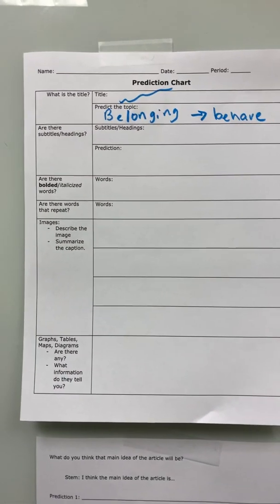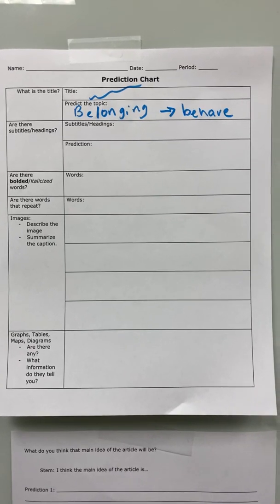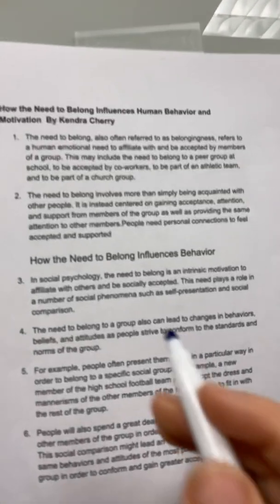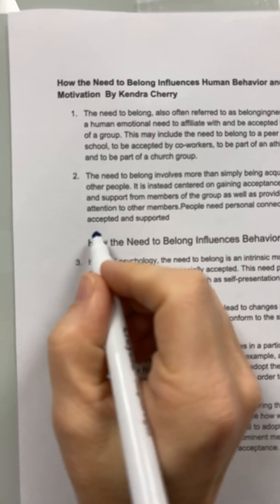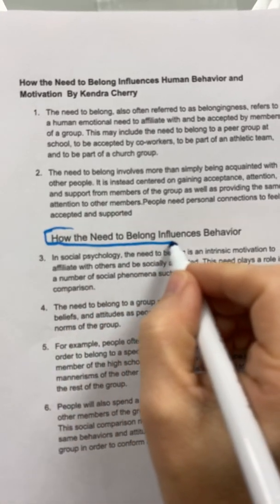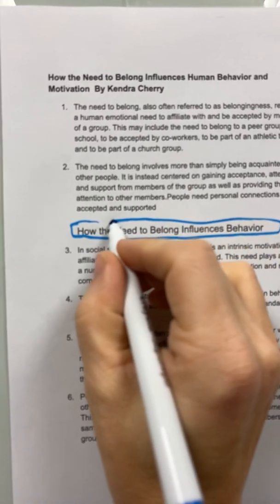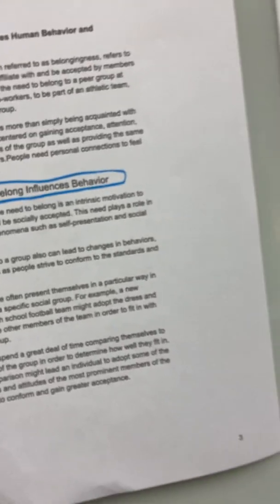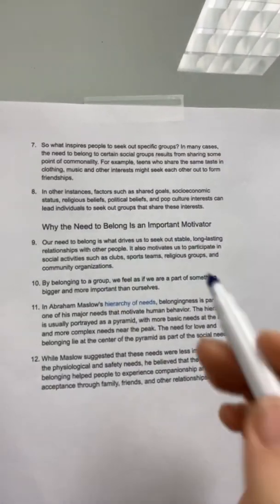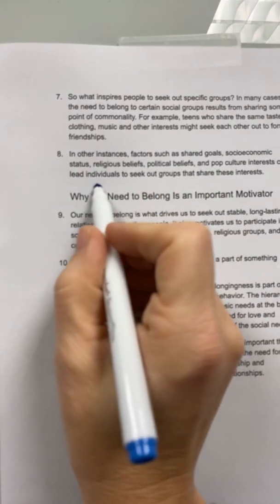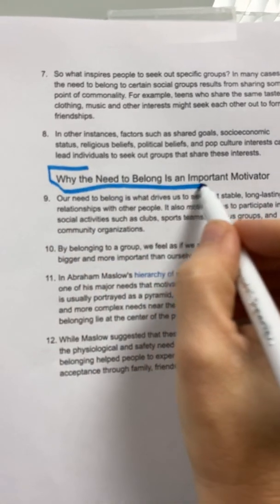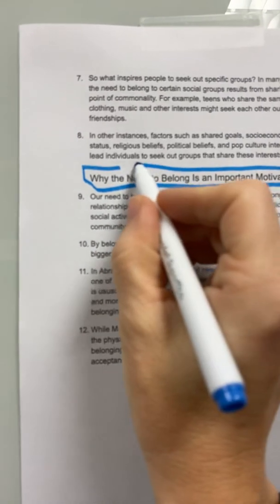So then I'm going to preview, are there subtitles or headings? And there are in this one. So I've got this one, and I want to point out where that is, how the need to belong influences behavior. And then over here, there's another one, why the need to belong is an important motivator.